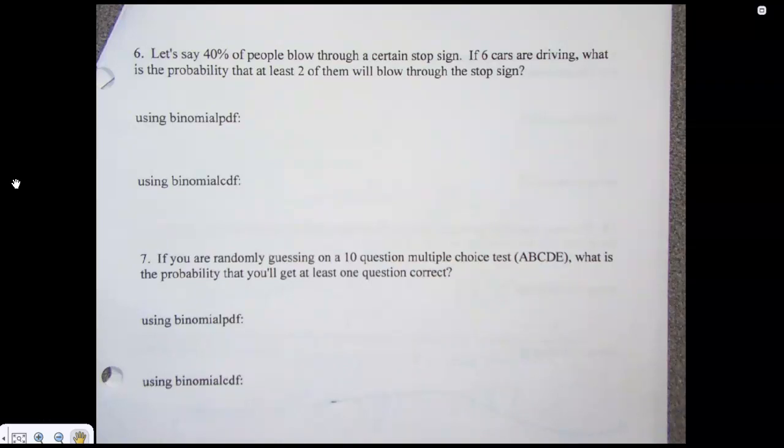One way to approach this is to do PDF of 2, PDF of 3, PDF of 4, PDF of 5, PDF of 6, and add them all up. I don't have the attention span to do that. So I would try to find a different approach, but if you can't, then just grind through it.